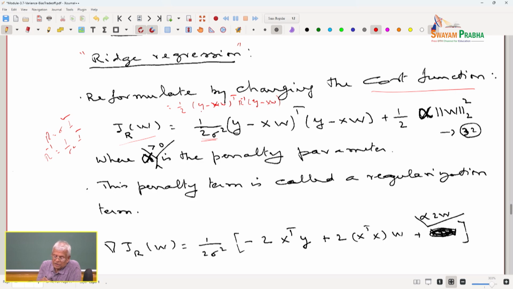So, here z is replaced by y, h is replaced by x, and x is replaced by w. Except for a change in the labels, nothing changes, and R inverse gives rise to 1 over sigma square. Sometimes I put a half, sometimes I do not put a half, and you should know why.